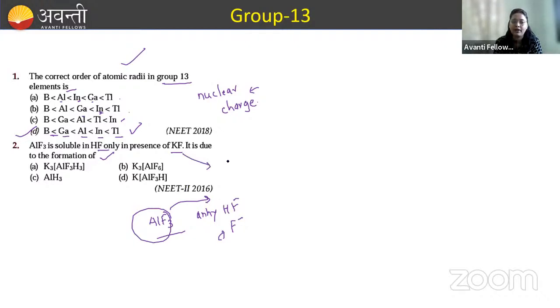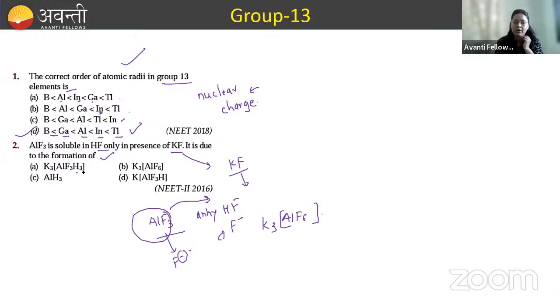If KF is present, then the F minus ion becomes soluble in the given solution. Why? Because of the formation of the complex K3AlF6. So AlF3 is soluble in HF only in presence of KF because of the formation of a complex.